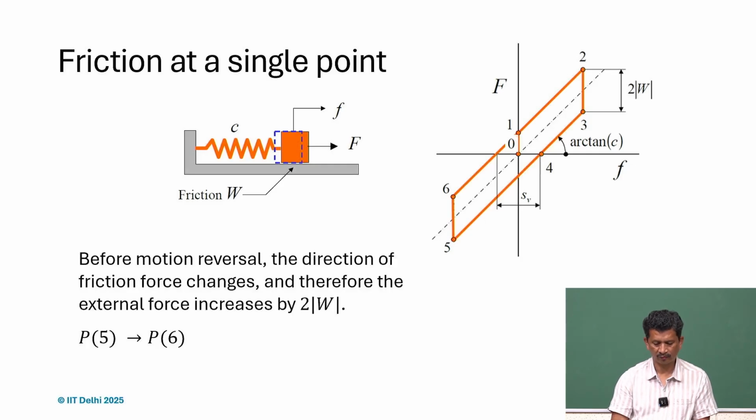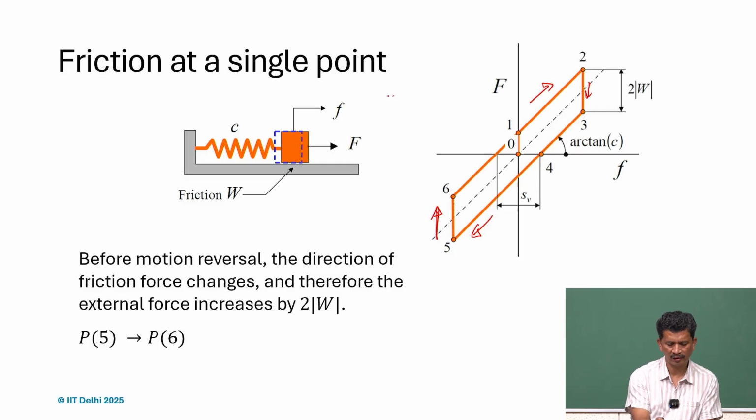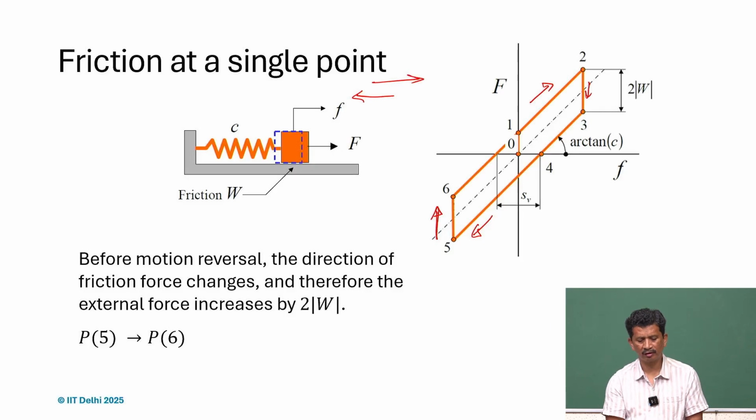from point 5 to 6, because there will be readjustment. So the orientation or the direction of the friction force changes, because now the motion is getting reversed. Now from left, it tries to move towards right.